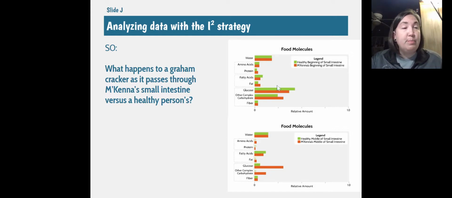McKenna's, those molecules do not seem to be decreasing or disappearing like they are for a healthy person. Those molecules are staying in her small intestine. So that seems like it might be where her problem is.